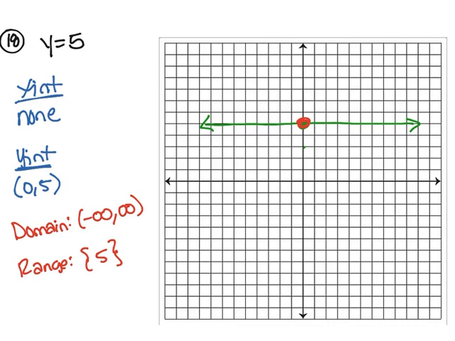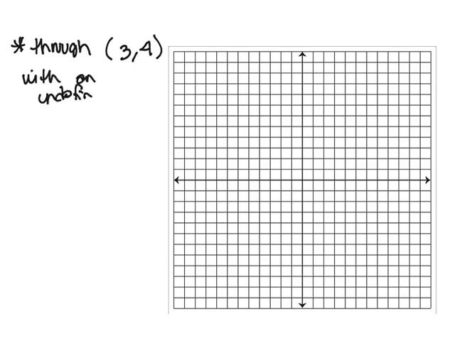Now, I could ask these special equations, these special graphs, in words. What if I ask you to graph the equation that's going to go through the point 3, 4 with an undefined slope?